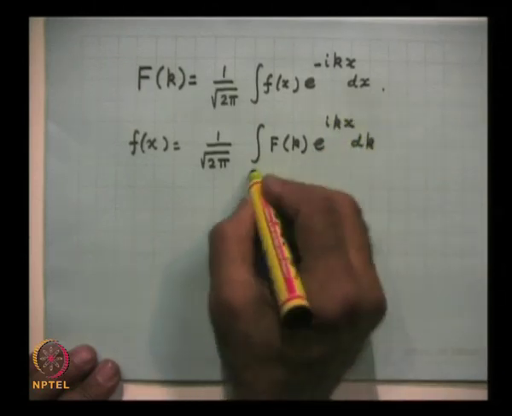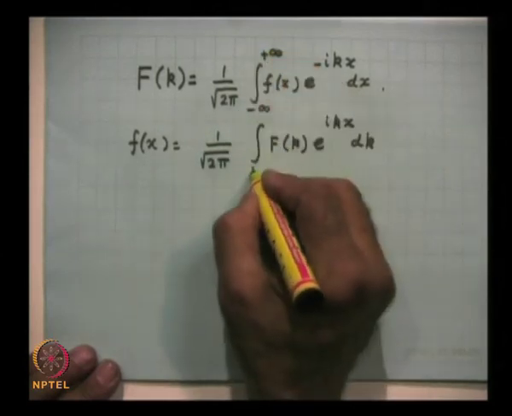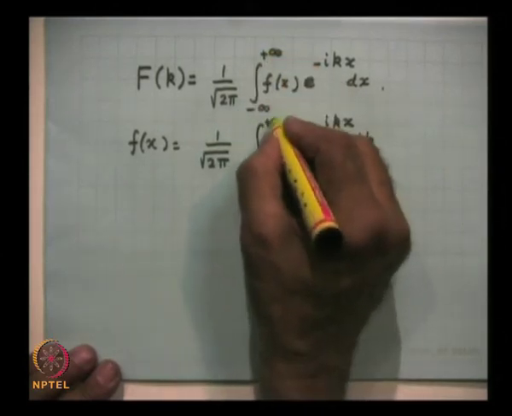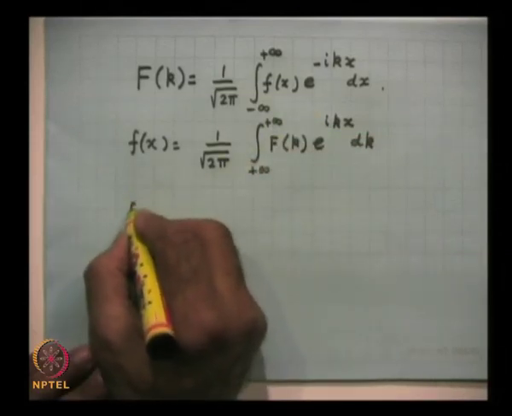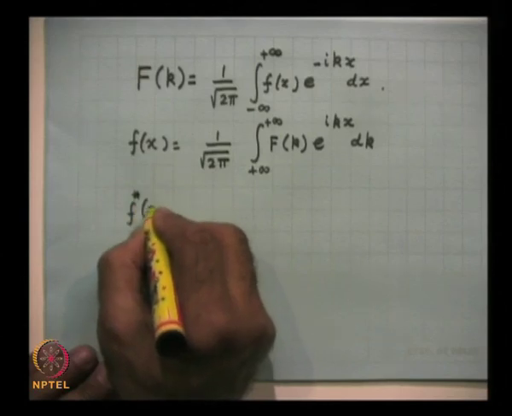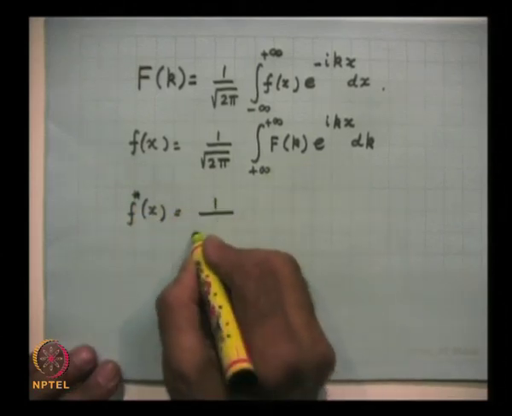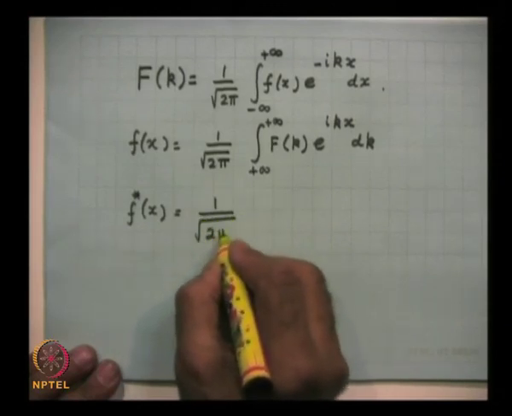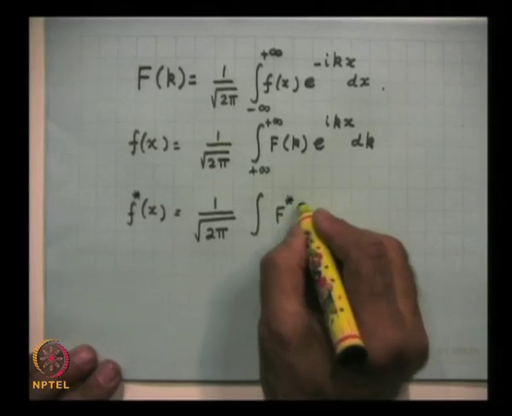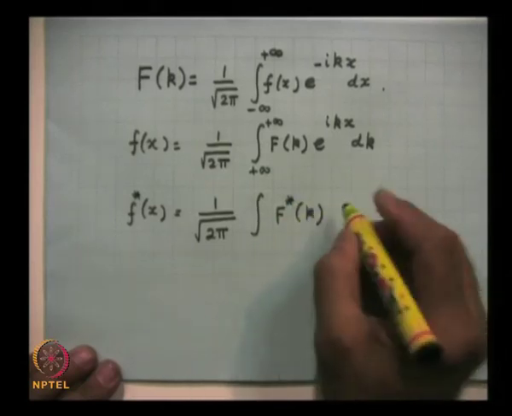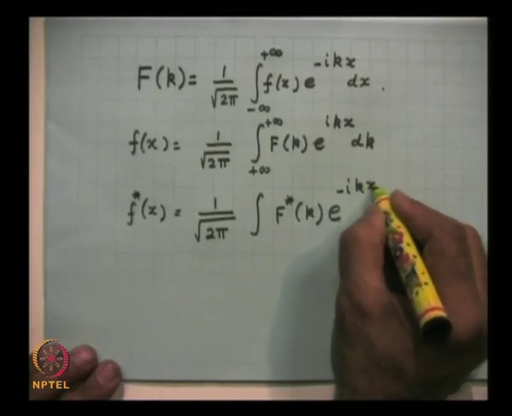And if I take the complex conjugate, f star of x, the complex conjugate of f of x, is equal to the complex conjugate of this equation: 1 over root 2 pi times the integral of f star of k e to the power of minus i k x dk.